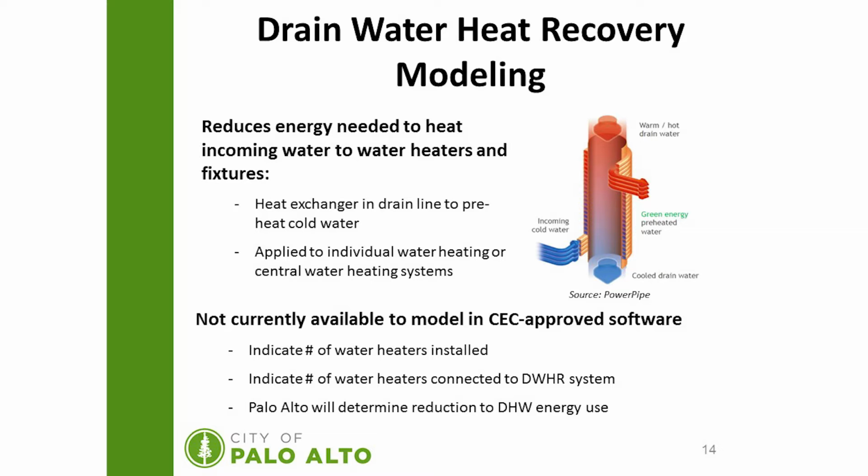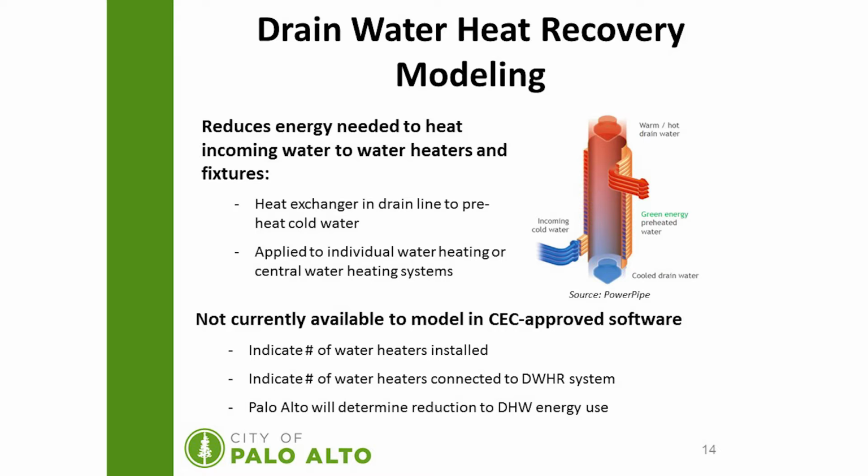In order to comply with this measure, you will need to indicate on your plans the number of water heaters installed and the number of water heaters that are connected to the drain water heat recovery system. Palo Alto will determine the reduction to the domestic hot water energy use by calculating the proportion of water heaters that are able to utilize and benefit from the heat exchanger.